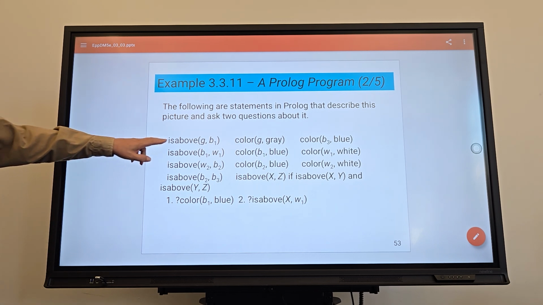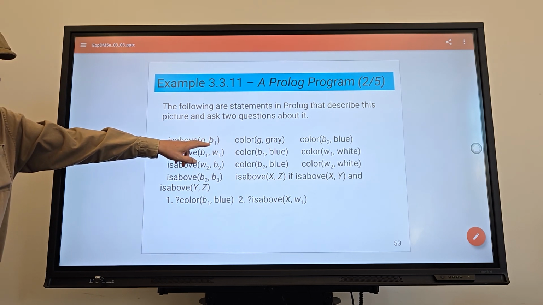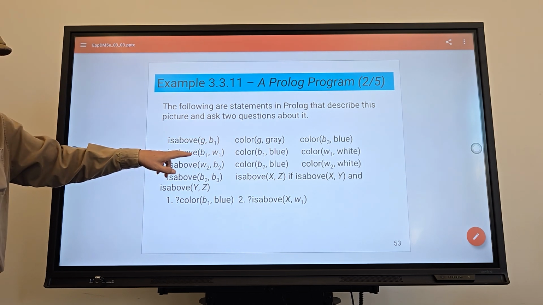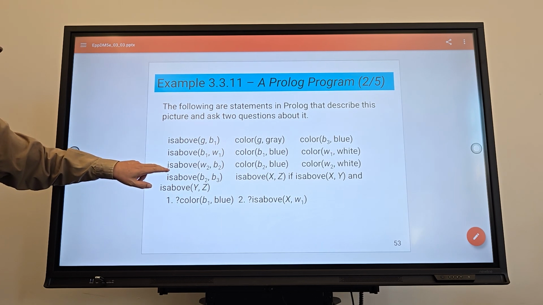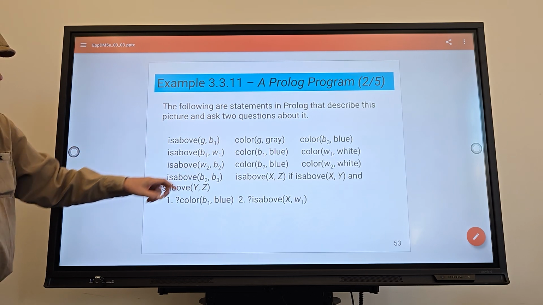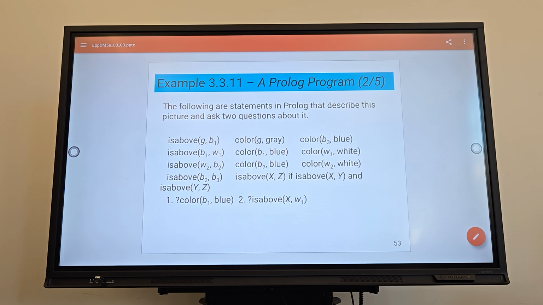Is above means gray is above B1. Is above B1 over W1, and so on and so forth. And what color is each block?